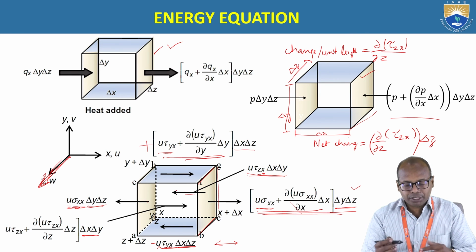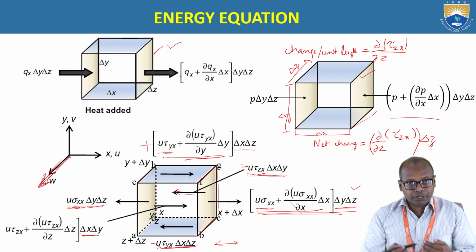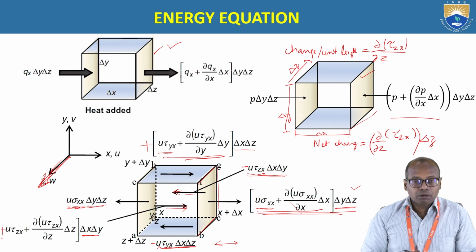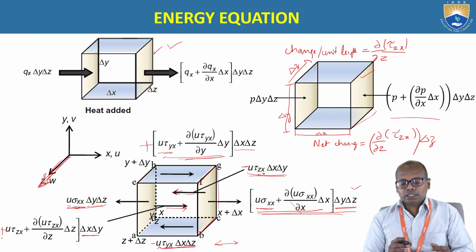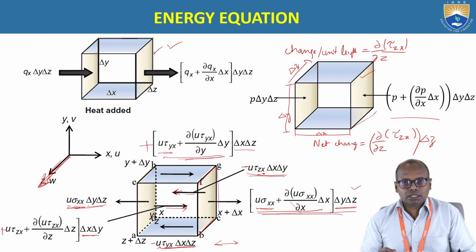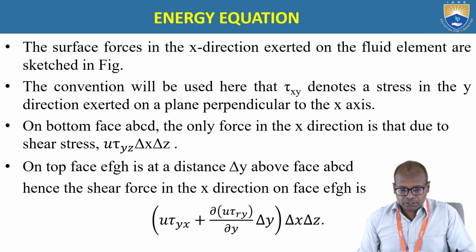On the back face, it is acting in the negative direction, so it is a negative value. On the front face, it is acting in the positive direction, so it is a positive value. So these are the different works that are done by the shear stress and normal stress on the fluid element.